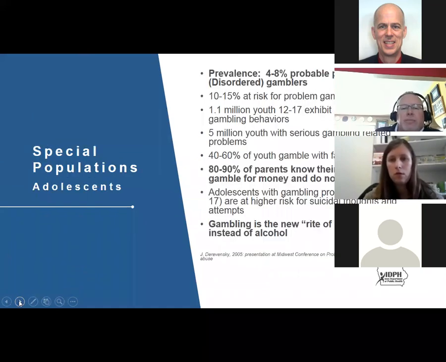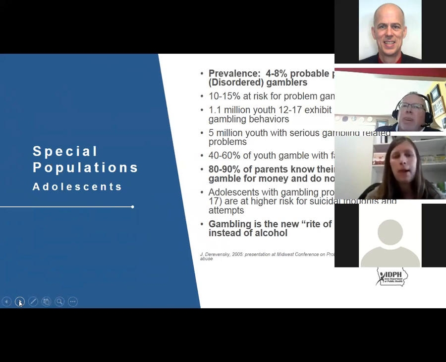Next. Back to adolescents. Adolescents are 4 to 8% probable for disordered gambling or gambling issues. This is much higher than the adult population, and much higher than the probable problems that adults have.